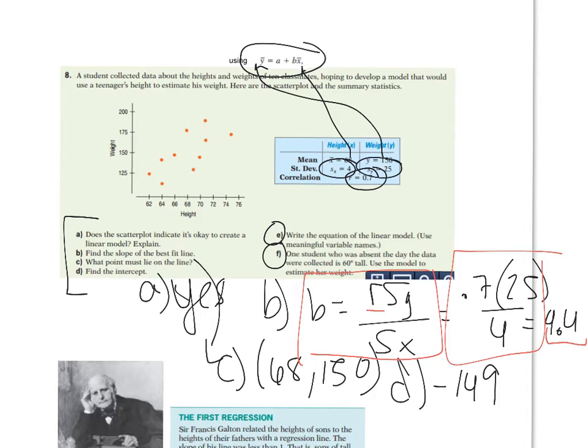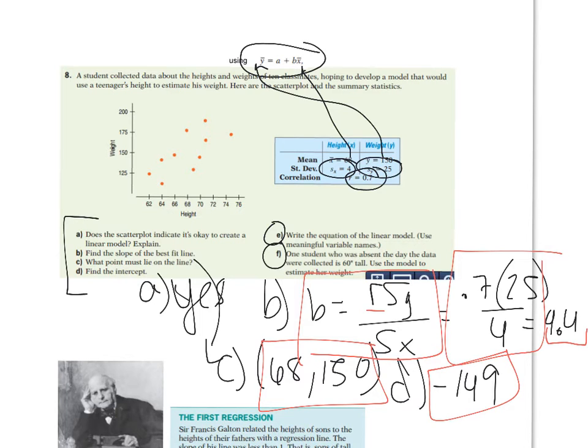Letter C, maybe you didn't recognize immediately, but they gave you the mean of height and weight, which means they have to be a coordinate. And then you can use those 2 points to find the y-intercept. So remember, you can just plug the 68 in for x, 150 would be y. You already found your slope was 4.4, so then you could solve for b, okay? Really a, sorry. Your a value would end up being negative 149.